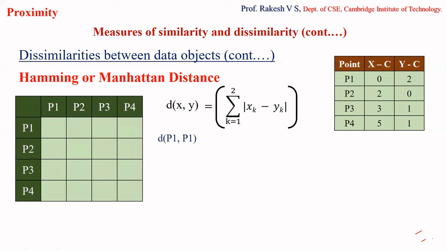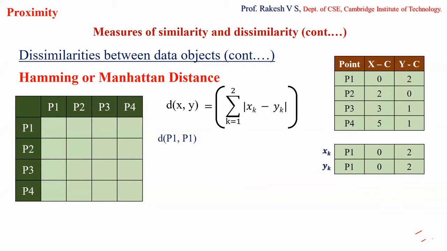So how do you find it? This is what we have to consider. P1 is 0, 2 and 0, 2. Now what is xk and what is yk here? xk is nothing but the P1 values and yk is nothing but P1. Here we have considered 2 attributes. Students, you have to understand this carefully.